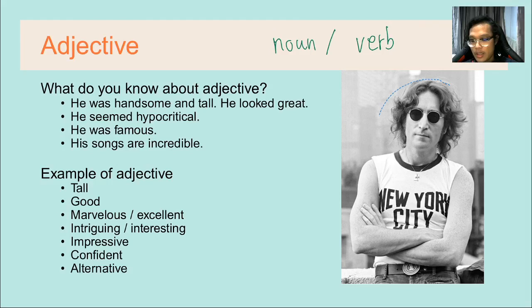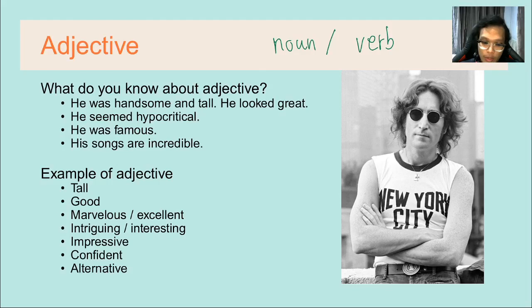For example, his looks are very handsome. So we describe his look, right? His look is a noun. Or his face, his body, his hair. Those things are nouns.